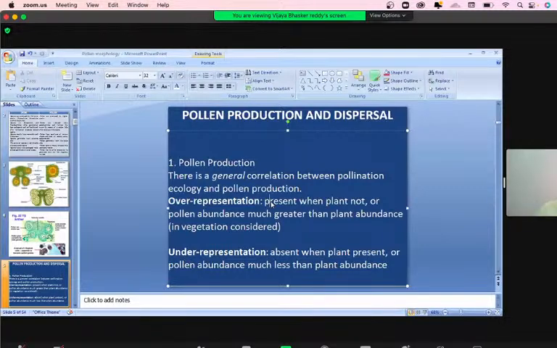Whereas under-representation is when pollen is absent even though the plant is present, because it produces very little pollen. That pollen may be dispersed by the air, and you cannot see the pollen in the atmosphere. That type is called under-representation of pollen grains.